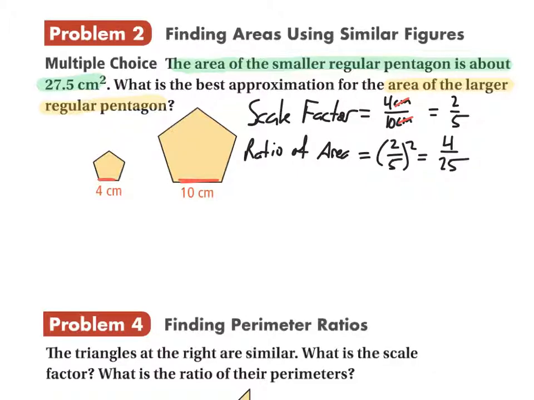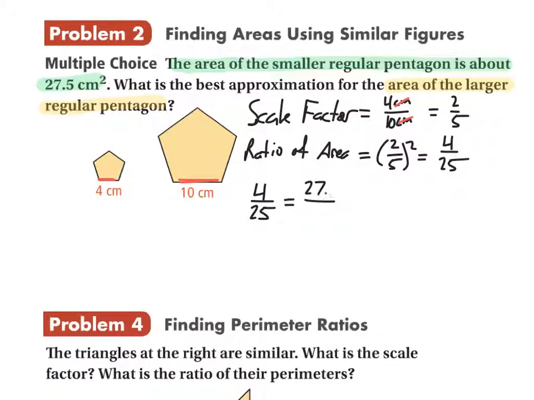So we're going to set up a proportion. We know the ratio for area is 4/25. So we're setting up a proportion. The area they gave us is for the small pentagon. Notice the fraction, the ratio is 4/25, so it's small over big. And so that's how we have to write our fraction.